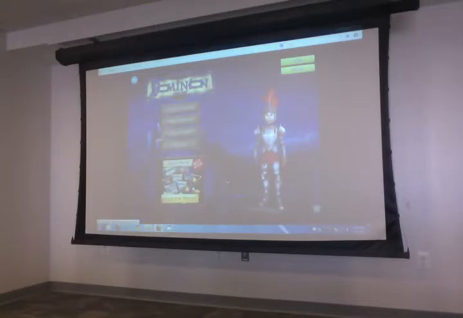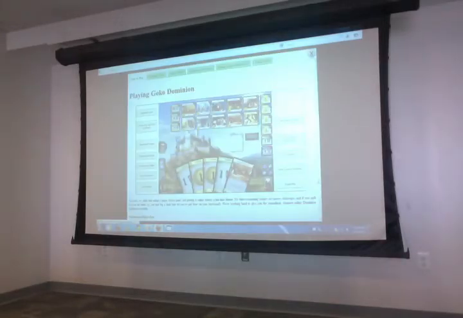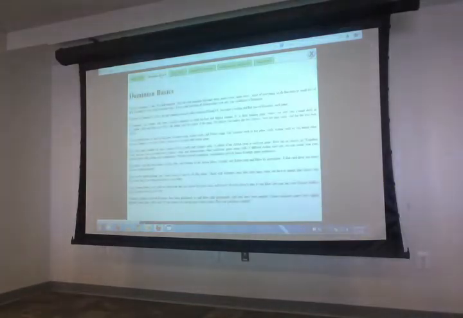Let me see. So, where's the? Oh yes. So see this question mark here is how to play. It gives you a bunch of information, right? There are all the areas of the board, and it kind of looks like a lot, but when you look at it and figure it out, it's not so bad, right? There are some basics of the game.